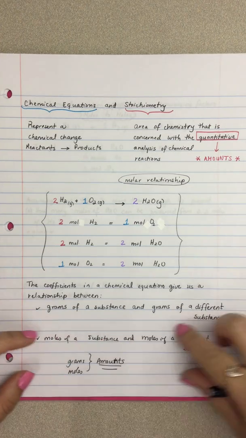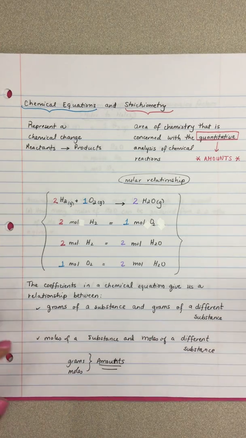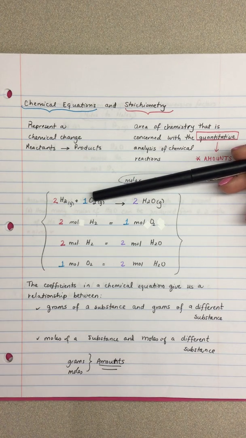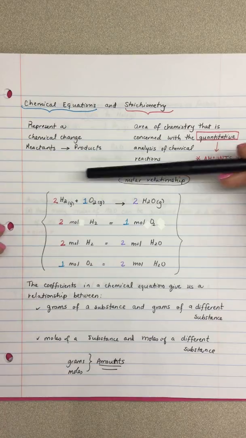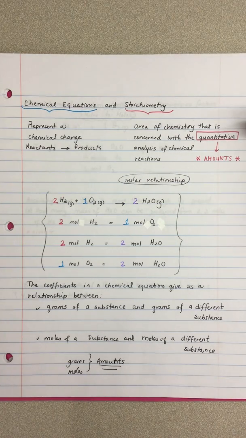Or the simpler type of problem, which is the first kind we're going over: you can relate an amount in moles of a substance with an amount in moles of a different substance. So if you have any number of moles of oxygen and you want to know how many moles of hydrogen you need to react with that specific amount, you can use this molar relationship here to find your number.